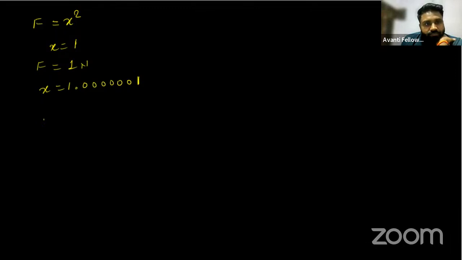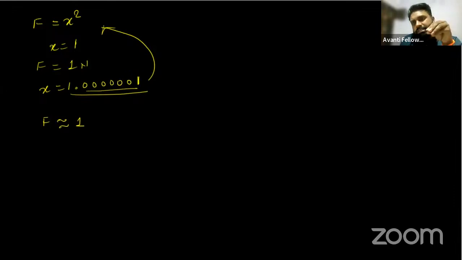For that, the force will be nearly 1 Newton if you put this value in x square, because these zeros make the added term negligible, and it nearly comes about 1.